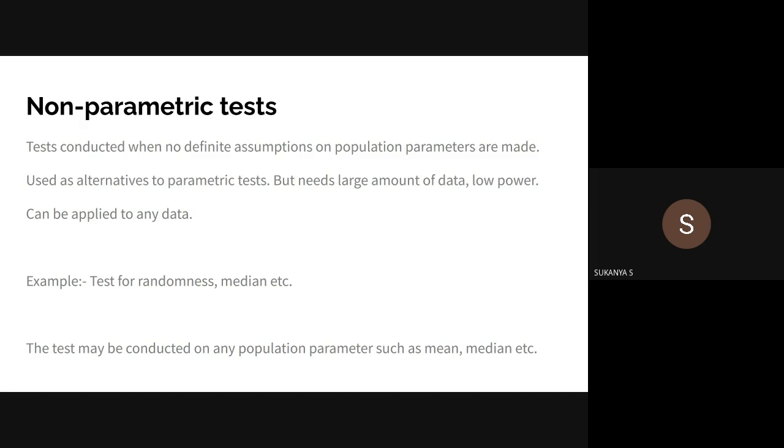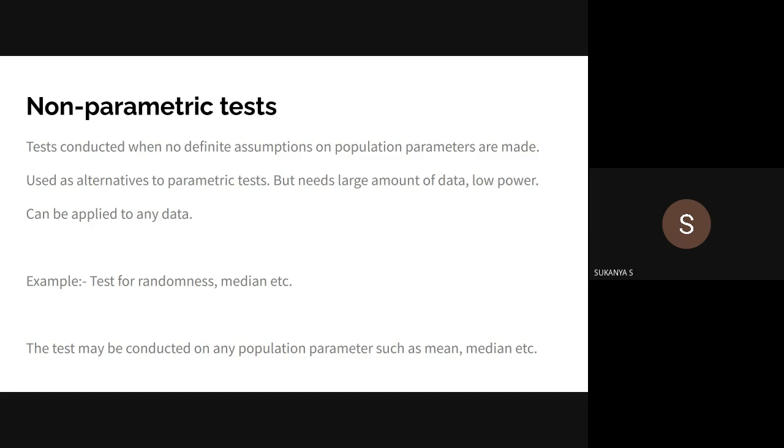But when this is an alternative scenario, why don't we use it always, right? We don't even have to check for the assumptions. But we can't use it always because it needs a very large amount of data to give a reliable result. Yes, it can be applied to any test, but because it is non-parametric, to understand the behavior of the data you will need a lot of data, which is unfortunately not available all the time.